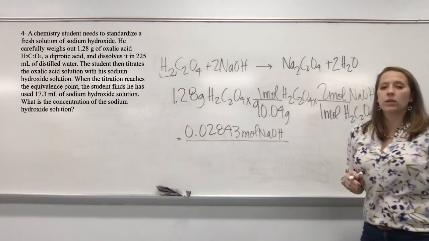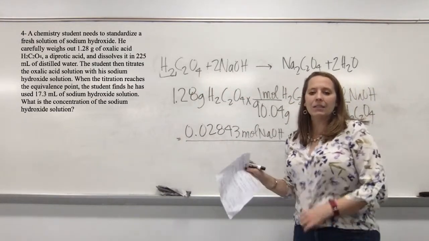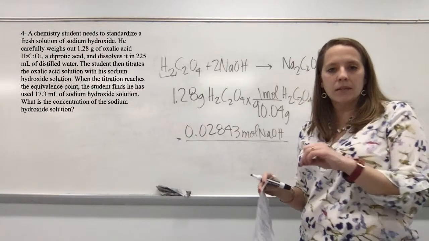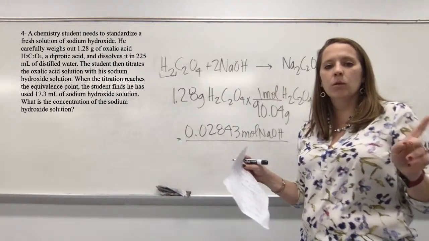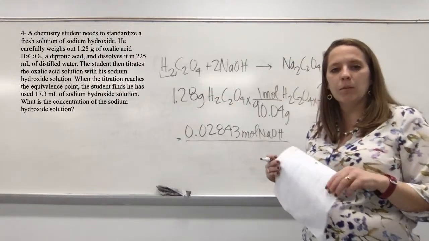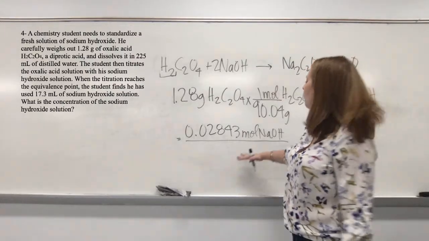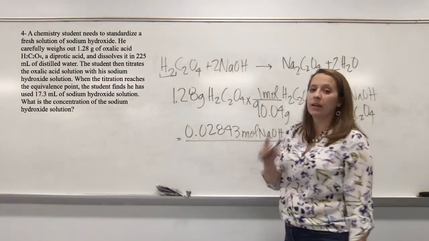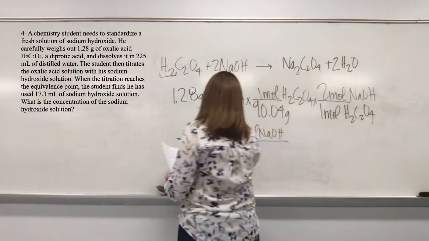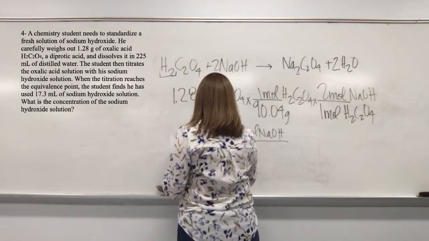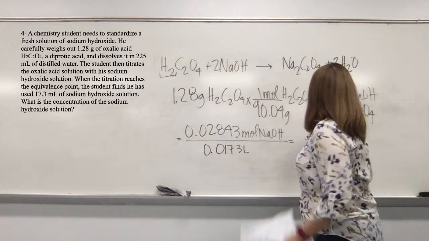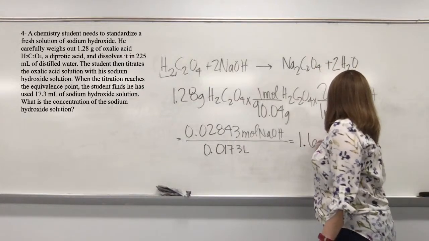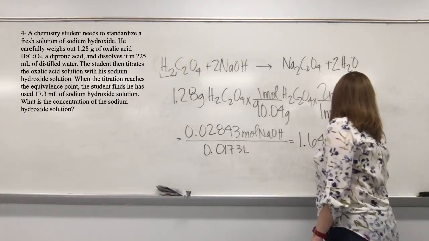Now that we've reached the equivalence point, it asks, what is the concentration of sodium hydroxide? It tells us that we used 17.3 mL. So if we divide the moles of sodium hydroxide by that volume, which is 0.0173 liters, we get a concentration of 1.64 molar.